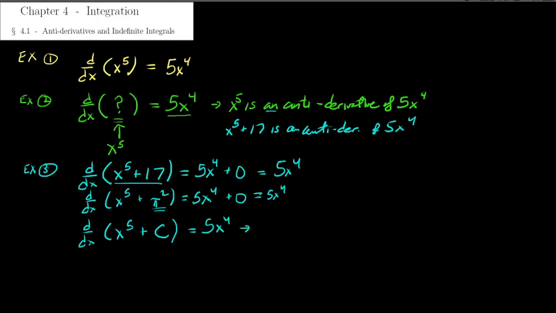So in this sense, we're going to call x to the 5 plus c, where c can be any arbitrary real number, the general antiderivative of 5x to the 4.